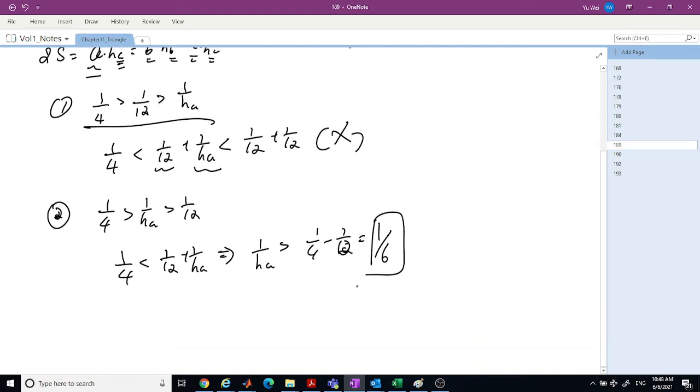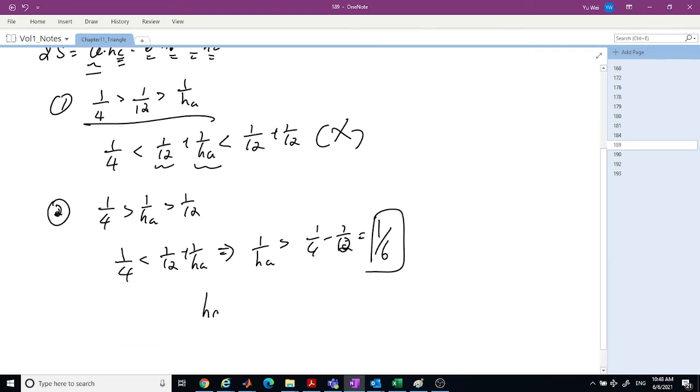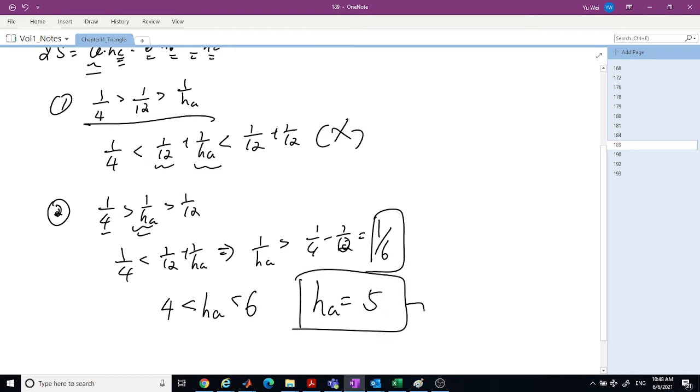So now we know Ha, because it's an integer, should be less than 6, and also Ha should be greater than 4, right? So Ha should equal 5. That's the largest it can be.